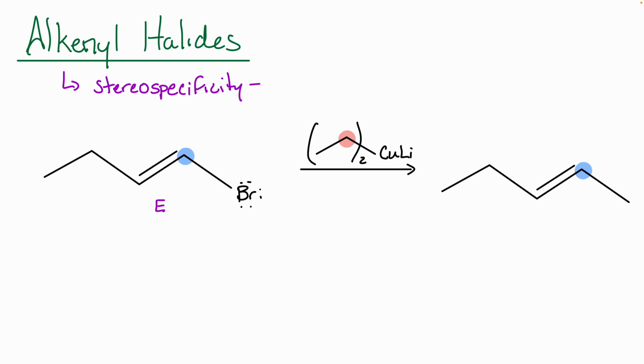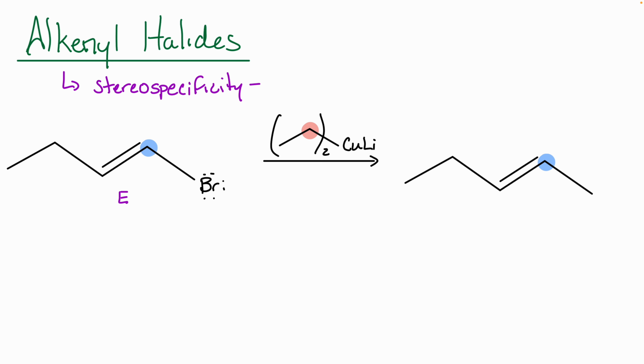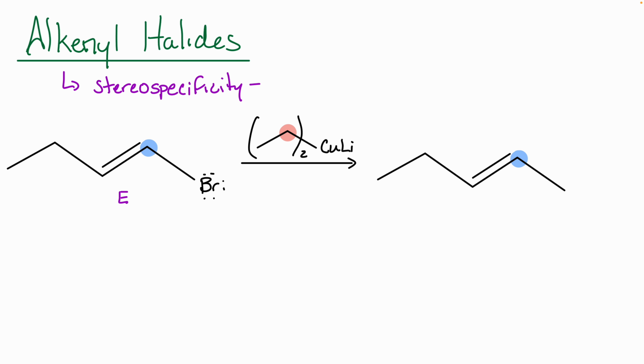So when I draw my new bond here, let me squeeze this in. On the other side, again, is that nucleophilic carbon. I'm going to make sure to add 2 of them since that nucleophile was this 2-carbon chain. Our stereospecificity, kind of the best case scenario here, preserves our stereochem.